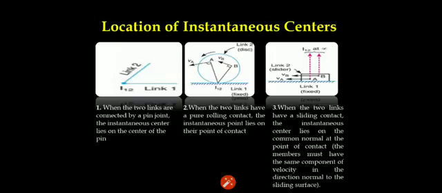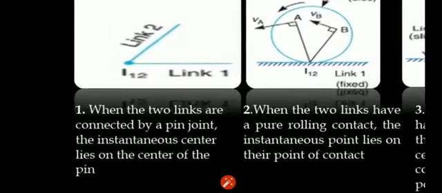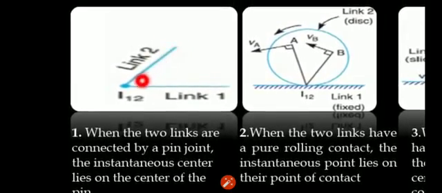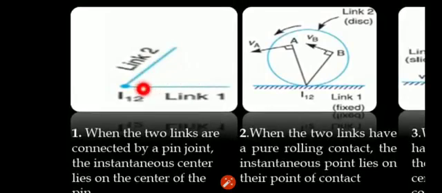Coming to the next, that is location of instantaneous centers. In the first diagram you can see two links connected to each other by a pin joint, then the instantaneous center of rotation lies at their joint, that is I12 represents the instantaneous center of rotation for links 1 and 2.